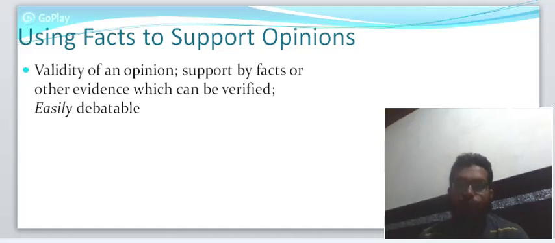So, this is one person's perspective. By looking at the evidence, we might find out that the person was somehow deceived. He did not draw a sound conclusion, or his opinion is not based on credible evidence.